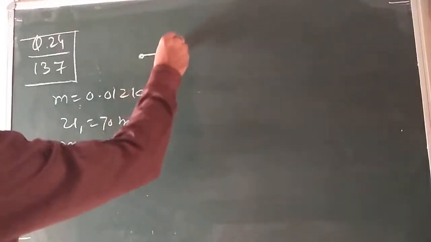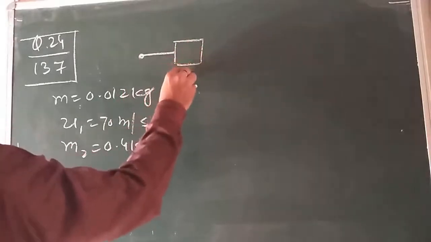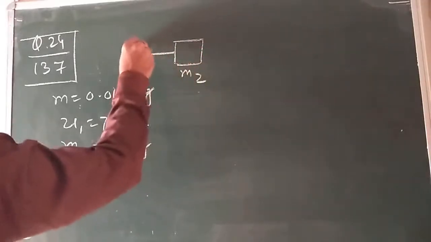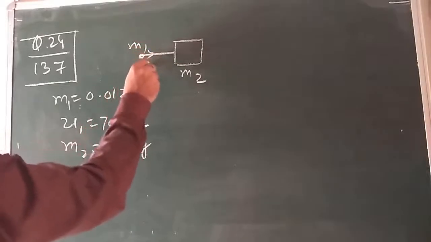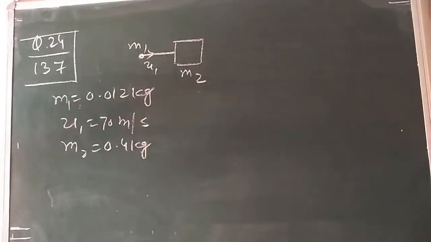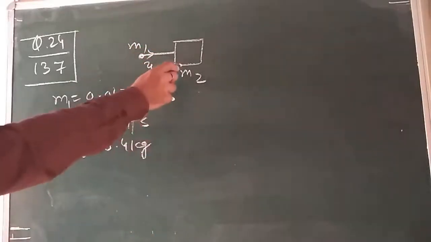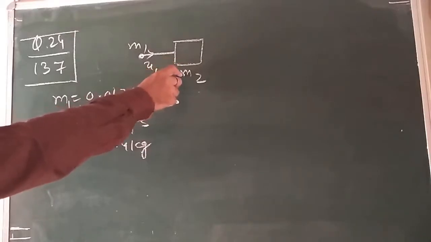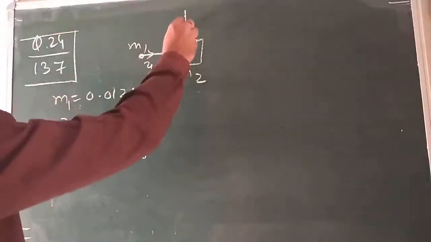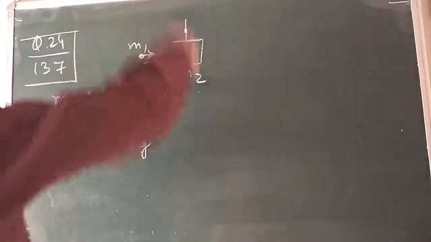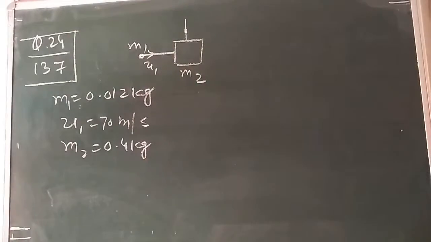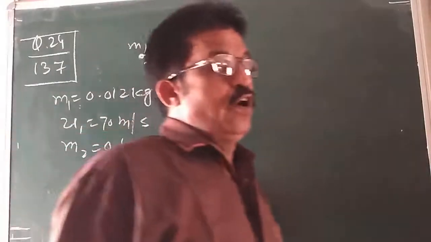Here is the bullet, m1, striking this block m2 with a velocity u1. This block is suspended from the ceiling by means of thin wires, like this. Calculate the height to which the block rises. Also estimate the amount of heat produced in the block.